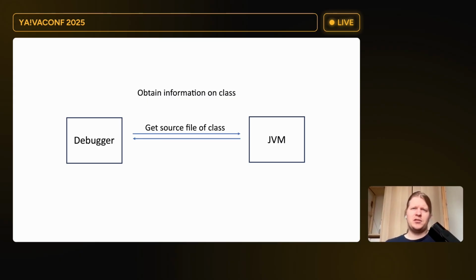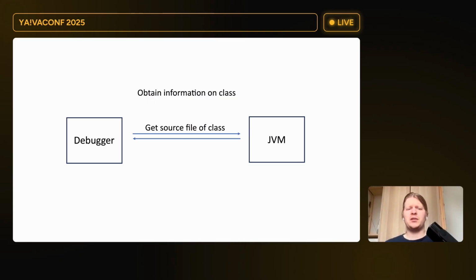And also, hey, do you know anything about the source file name? Because class files and source files don't map to each other: when you define inner classes, they have different class files but are in the same source file, so it's also important.